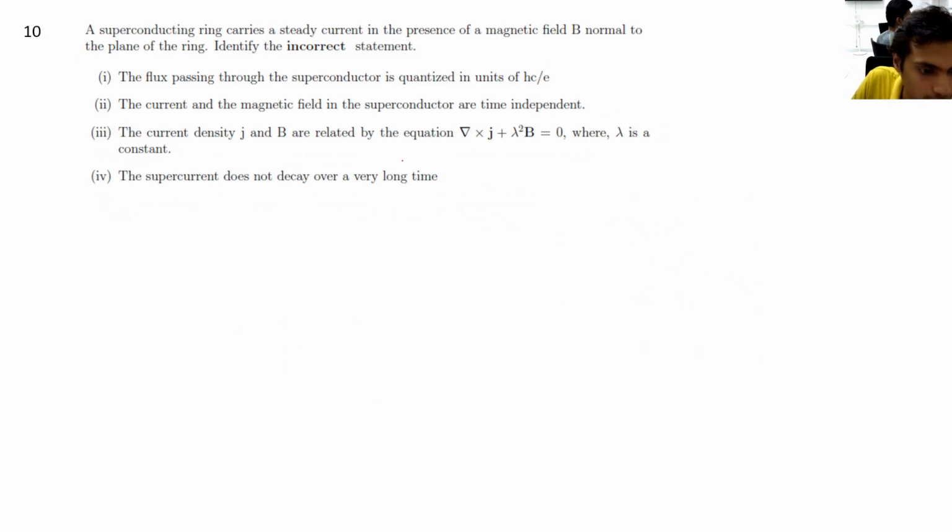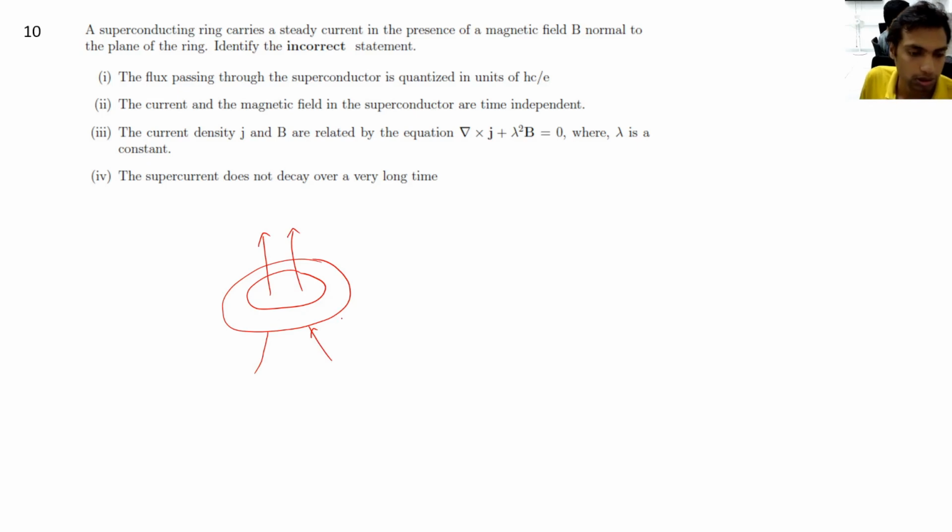A superconducting ring carries a steady current in the presence of a magnetic field normal to the plane of the ring. Identify the incorrect statement. So we have a ring and some magnetic field is passed through it.